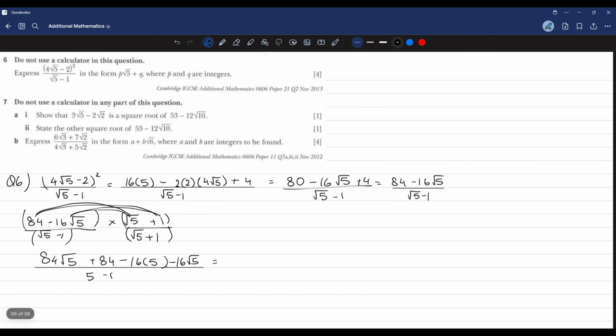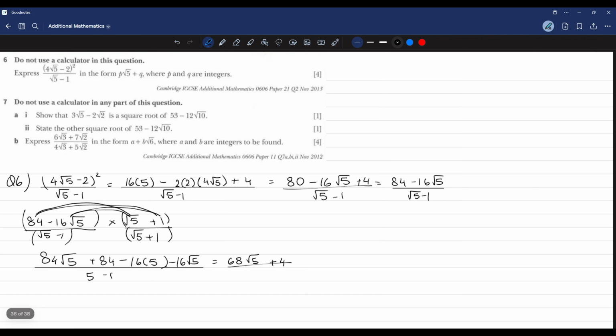So if I were to simplify this, 84 minus 16, what is 84 minus 16? We have 68. So 68 under root 5. What is 16 multiplied by 5? It's 80. So 84 minus 80 is equal to positive 4, divided by 4.